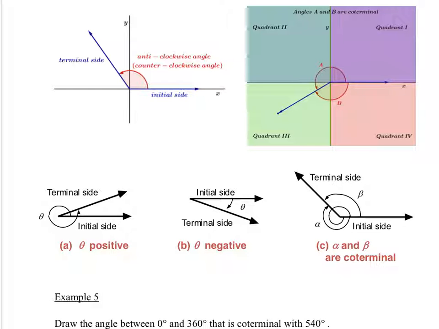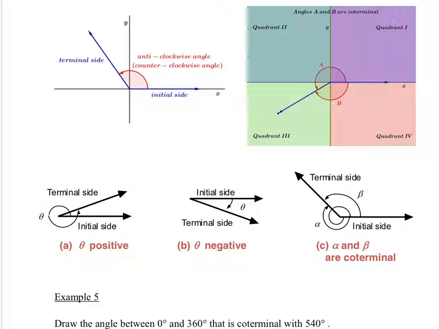However, you can also go from this initial side to this terminal side by going round not just once, but twice in that direction. Or you could go around here and end up over here by going around just more than once in the positive direction. So there are many different ways that you could end up over here. In any case, if you end up in the same place, you have coterminal angles.